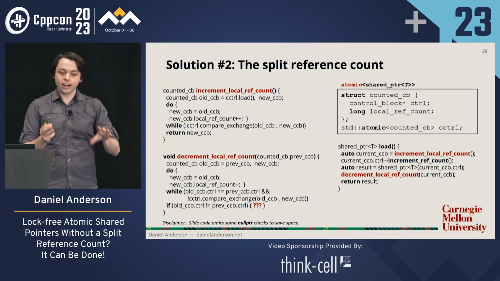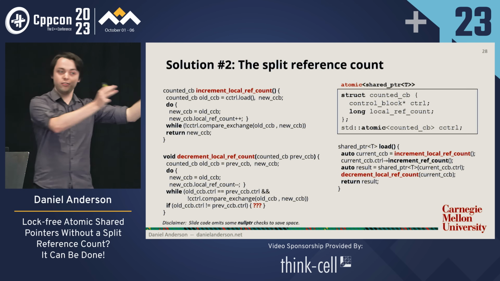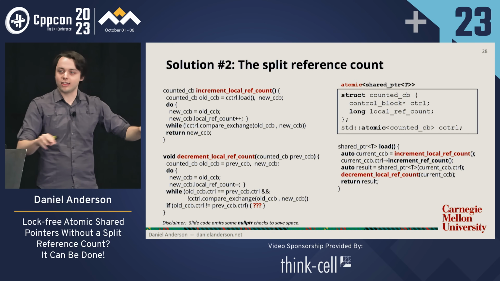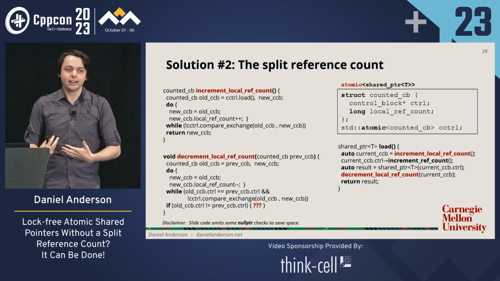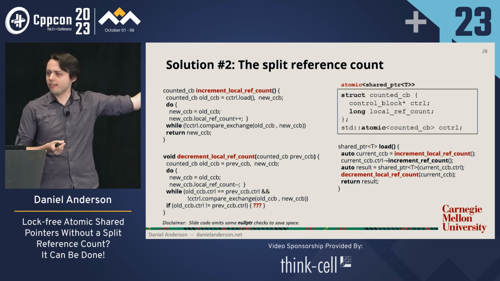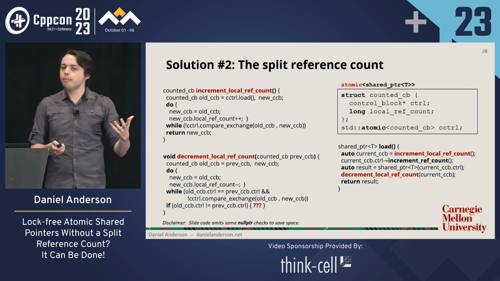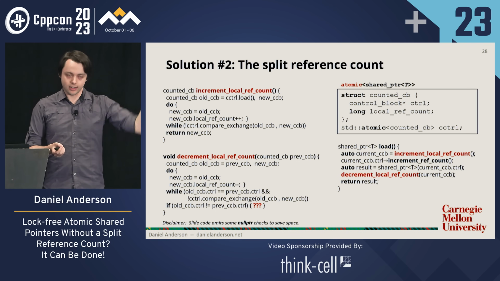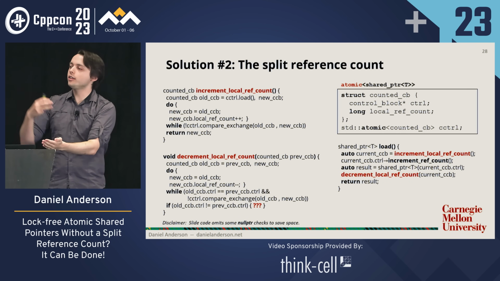And so we can't decrement the local ref count of that because that's a ref count of a different object. I'm not allowed to decrement that one. We need to decrement the ref count of the object that we actually read. So we're going to have some backup case to handle when this happens. This is essentially what happens if a store comes in and stores a completely different shared pointer over the top of you while you're doing your load.